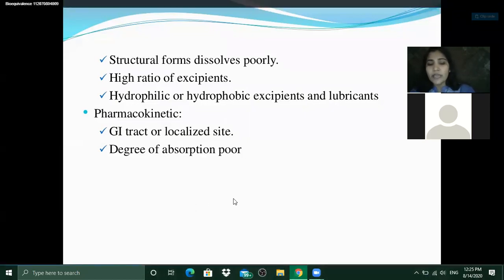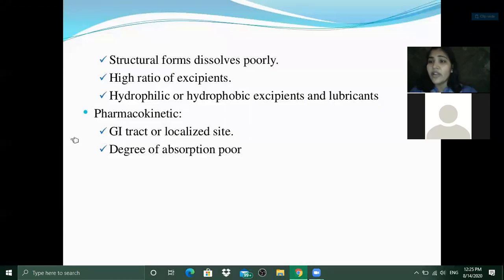So these are the criteria where you will require a bioequivalence study to be modified. You will have to modify either the study or the formulation, and then conduct the trial again.